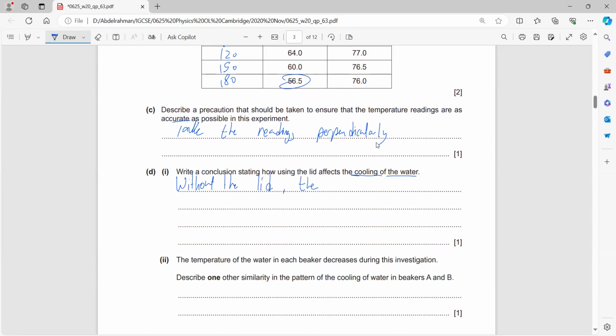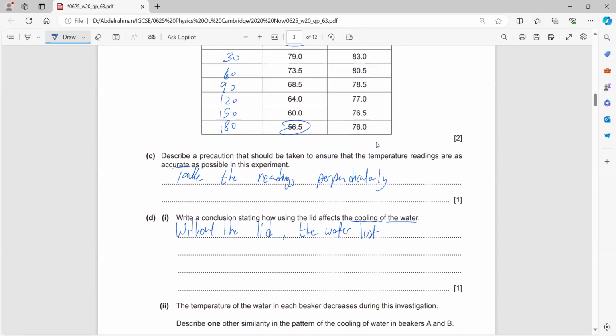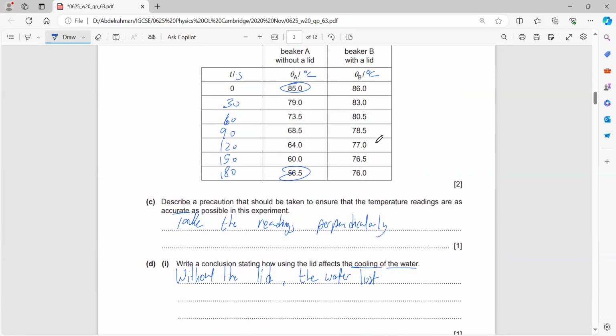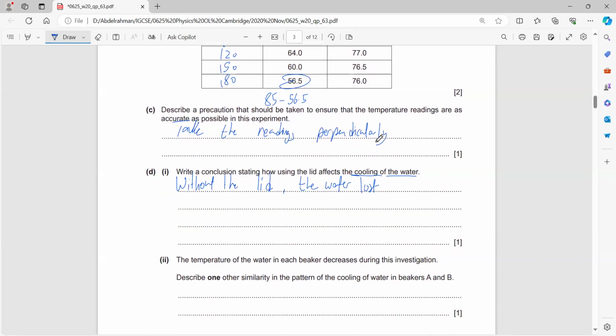The water lost how many degrees from 85 to 56.5? 85 minus 56.5 is 28.5 degrees Celsius in 180 seconds.